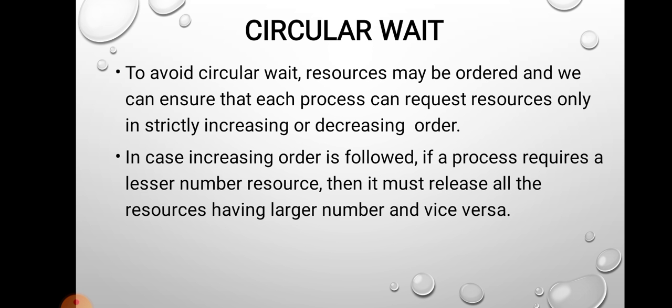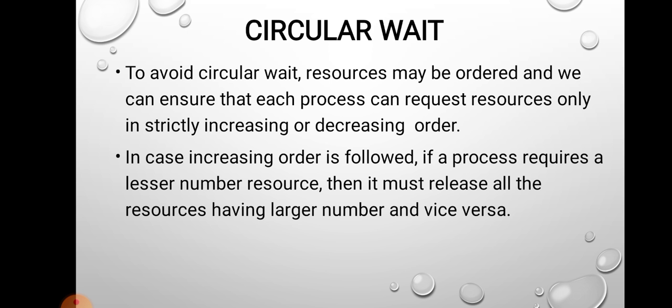The last one is how we are going to eliminate the circular wait. Already we know what circular wait is. Circular wait is when we have a set of processes P0, P1, P2 up to Pn, where P0 is requesting the resource held by P1, and similarly P1 is waiting for the resource held by P2, and so on.